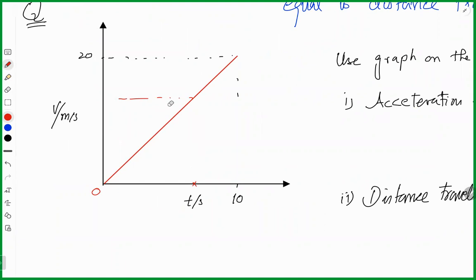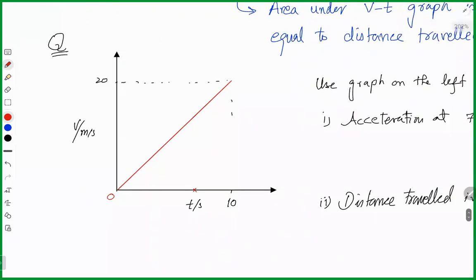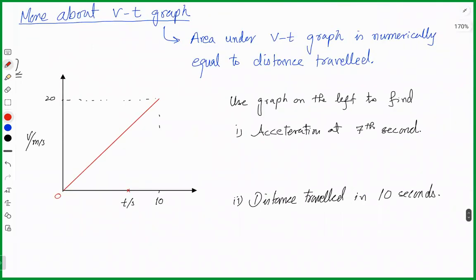Look at the line. Since it's constant, we just find per second and then multiply by 7, I think. No. What we do is we find the acceleration over the 10 seconds. Instead of going for a smaller value, we go for the bigger one because there will be less chance of making an error.